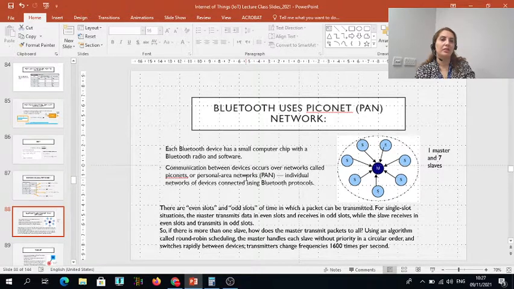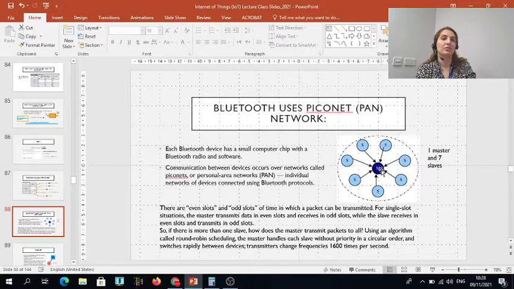So in a very generic form, we are going to have one device that's going to act as master, and we are going to have 7 other devices that are acting like slaves. That's a very typical way of talking about Bluetooth connectivity. In this case, we have only 7 slaves and only 1 master.